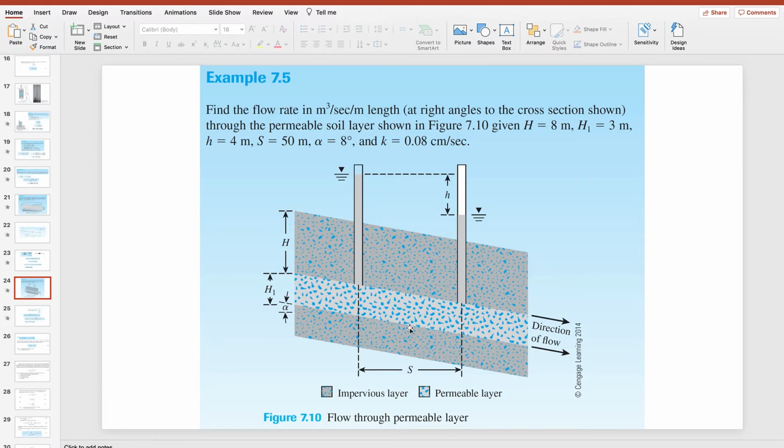The pressure is higher here. So, the difference between the head is 4 meter. Then capital H is 8 meter. Capital H sub 1 is 3 meters. Then S is 4 meter. Then alpha is 8 degrees. K is 0.8 centimeter per second.